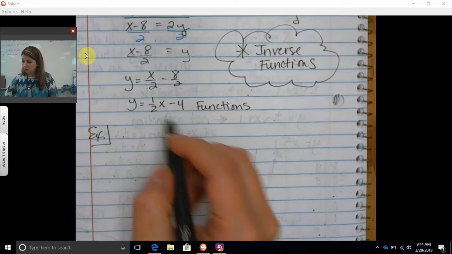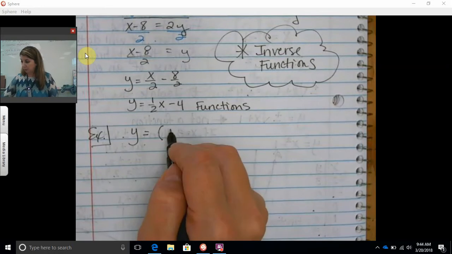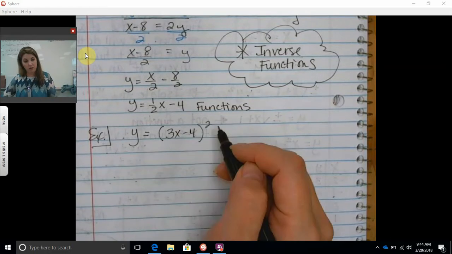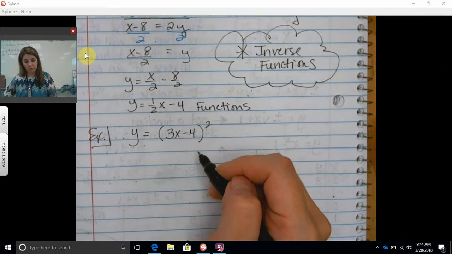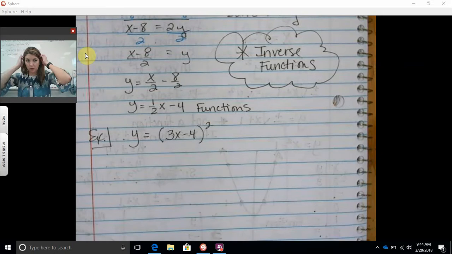y equals open parentheses, 3x minus 4 quantity squared. If I'm finding the inverse, what do I do first? Switch the x and the y.